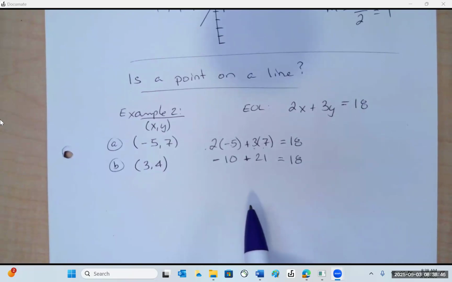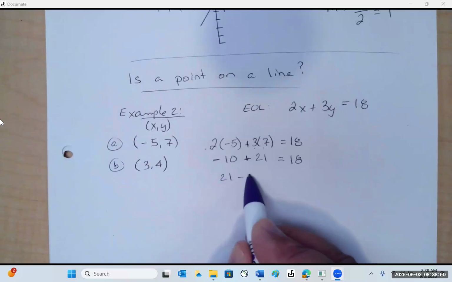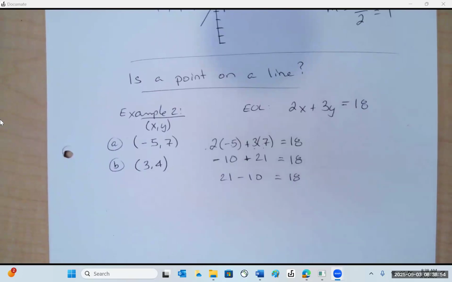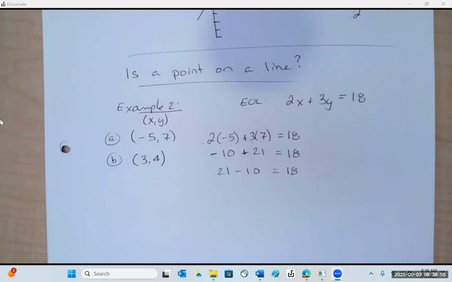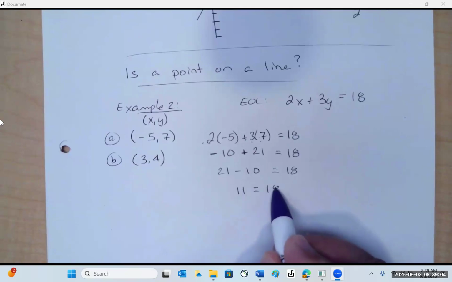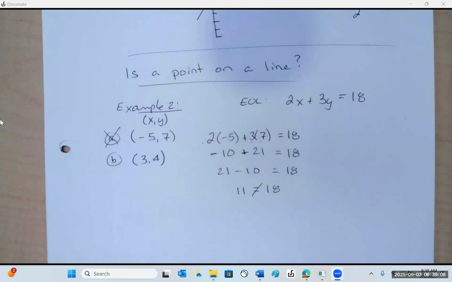Remember, by commutativity, we can move them around. We can say 21 minus 10, by commutative property of addition. What is 21 minus 10? Is 11 the same thing as 18? No. So this is not a point on that line.